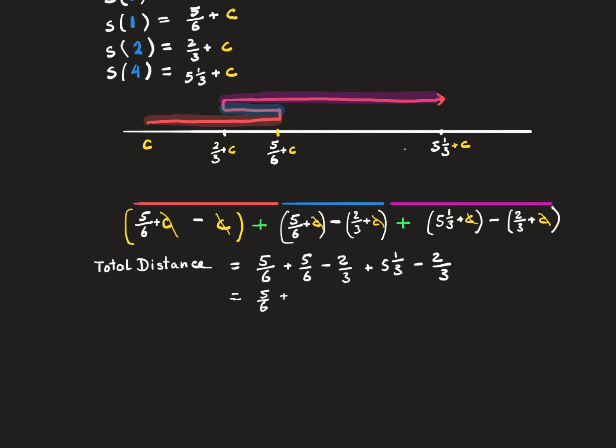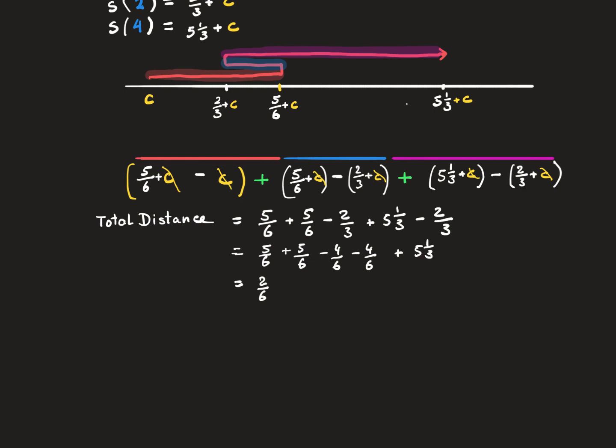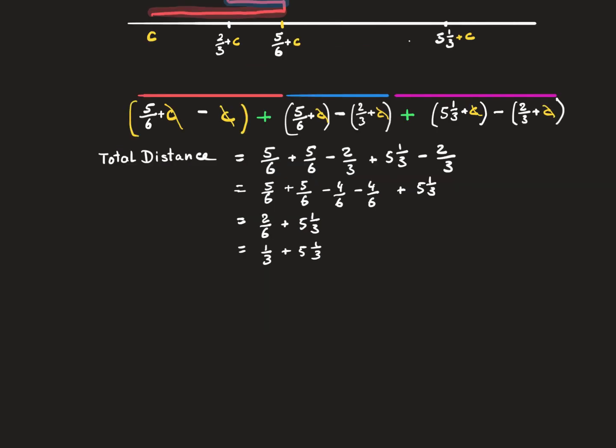I'll change most of them to the denominator 6, so that will be 4 over 6, and minus 4 over 6 plus 5 1/3. I'll leave that alone. So I have 2 over 6 plus 5 1/3. That's 1/3 plus 5 1/3, giving me a total of 5 2/3, and we're talking about meters.